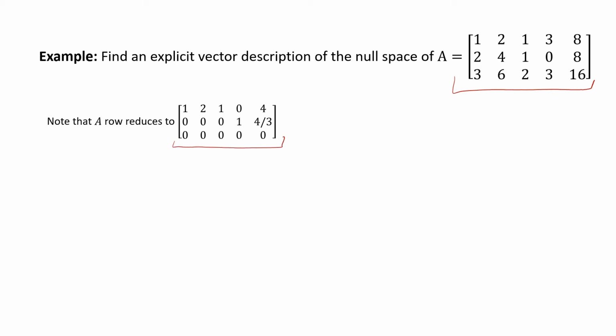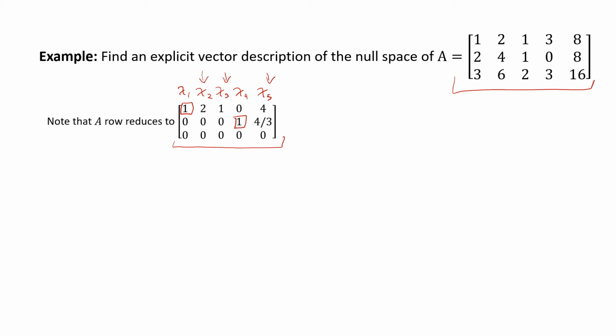So now let's convert this back to equations. Each column represents a variable. If you look at this, x2 is a free variable, x3 is a free variable, and x5 is a free variable, while x1 and x4 have pivot points, so they are basic variables.